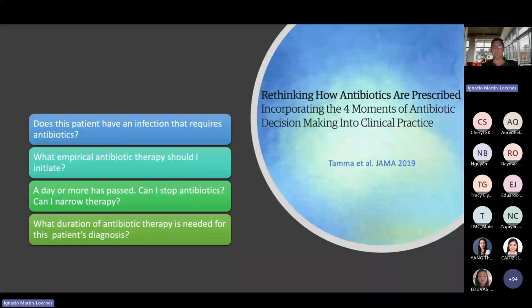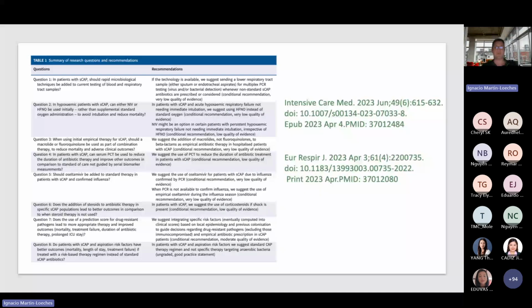This is just the evidence of the guidelines that were published. I covered the majority of the points. However, there are some, especially related to the use of invasive mechanical ventilation or high flow, and also the use of antivirals in patients with influenza, that you can find in the guidelines. They are open access, and you can get more information about what I said.